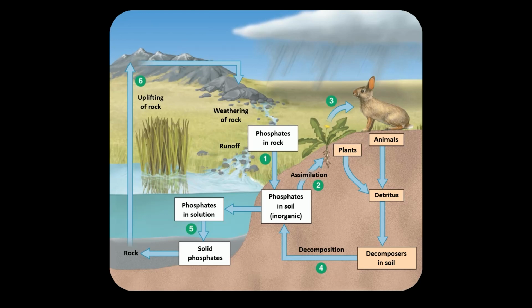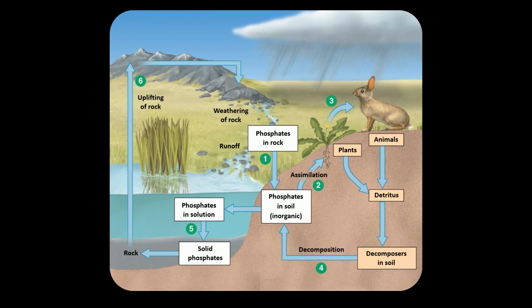All of that is detritus, dead material, that will be taken by the decomposers, fungi and bacteria, returned to the soil. This part should seem really, really familiar at this point. The decomposers have the job of decomposition, which returns the phosphates back to the soil.